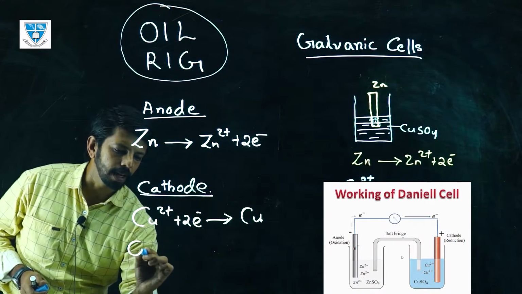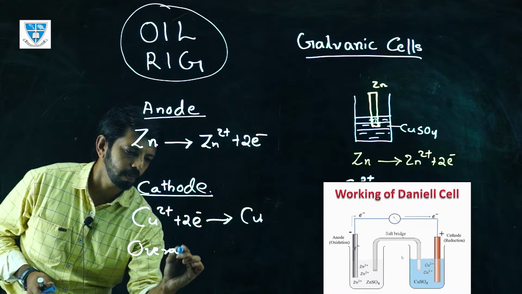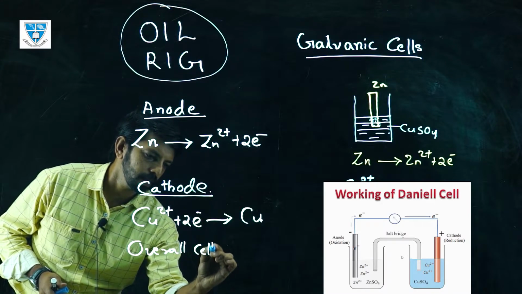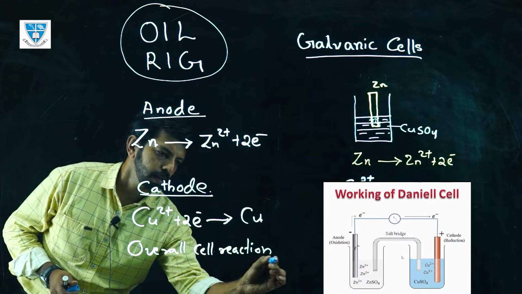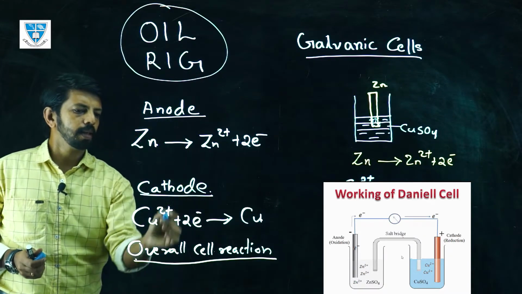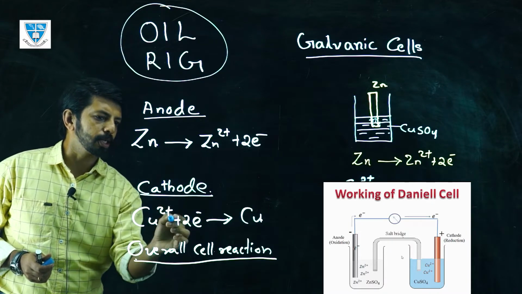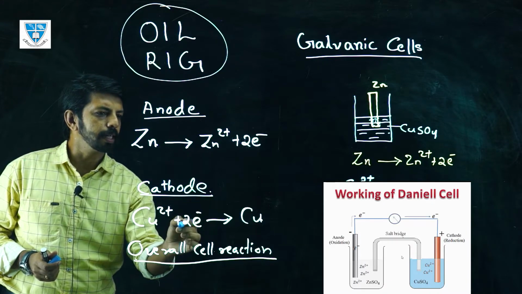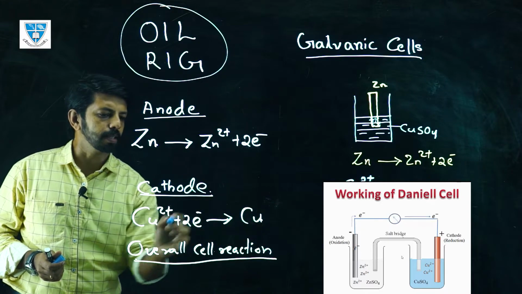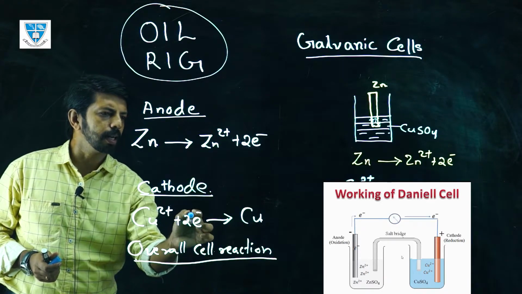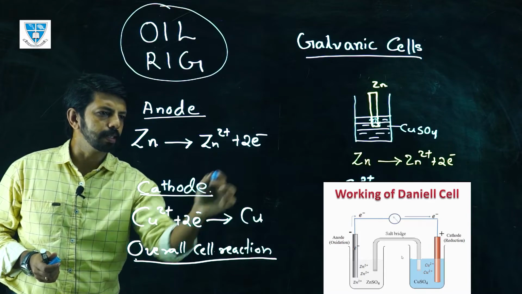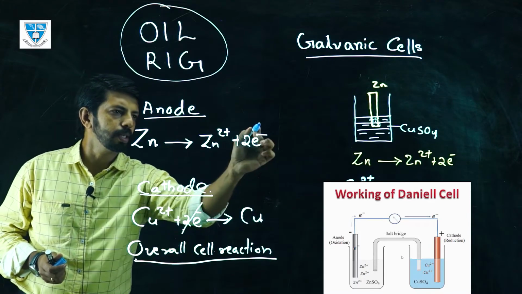Then the overall cell reaction. We can add these reactions, and if there is any common term on the left hand side and right hand side we can cancel it out. In this equation we can see that the 2 electrons are common on the left hand side and right hand side, so we can cancel them out.